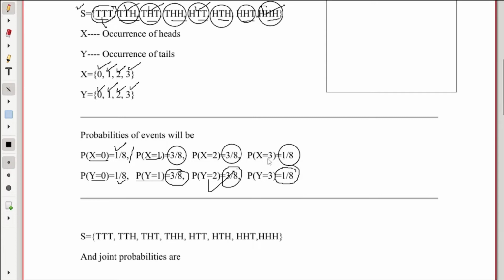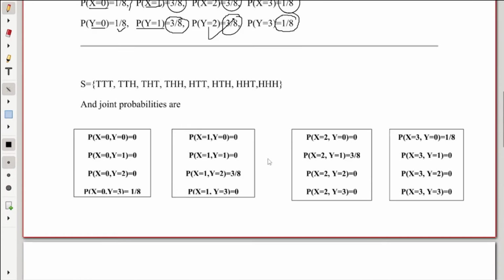Now let us see the joint probabilities. See that here X is equal to 0, Y is equal to 0. It indicates the probability of having 0 head and 0 tail.